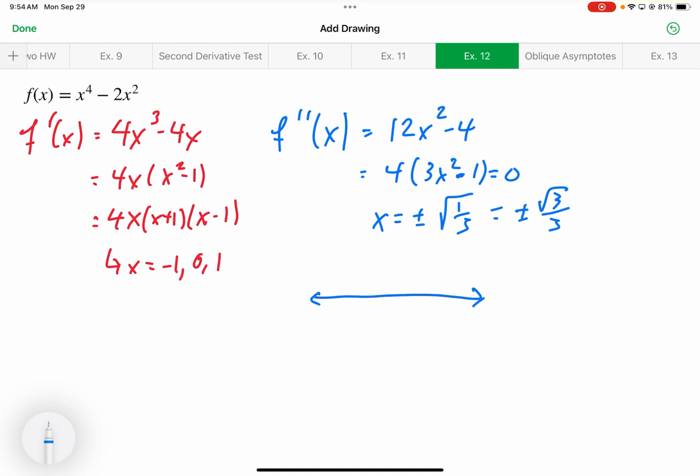The other thing that you can do is make a number line and say negative square root of 3 over 3, positive square root of 3 over 3. And then find your concavity, and then just figure out where negative 1, 0, and 1 fit into that mix, okay? Square root of 3 over 3, is that bigger than 1 or less than 1?